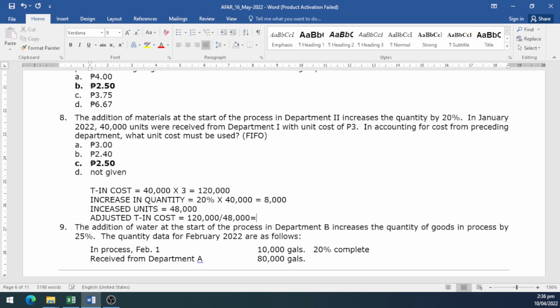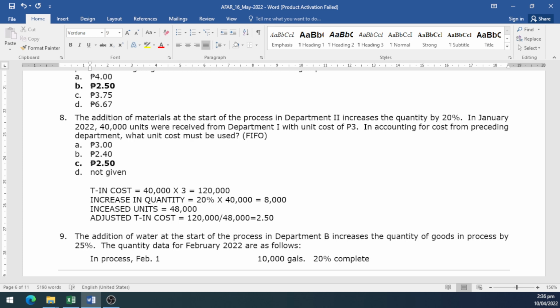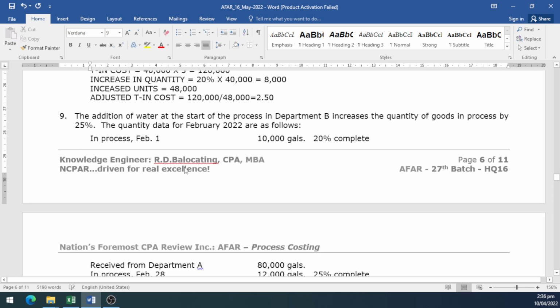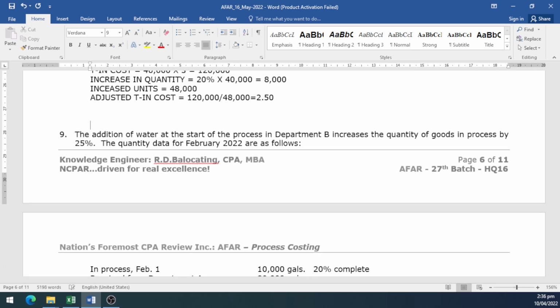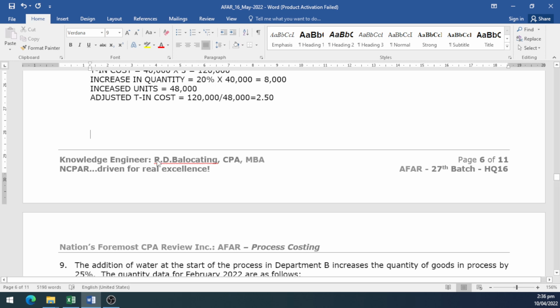Adjusted units. And that is 2.5. Yan po ang mangyayari dyan, ladies and gentlemen. Merong increase in units, increase in quantity, kaya adjusted yung ating cost per unit. Next, for number 9, ito ay increase in quantity pa rin.